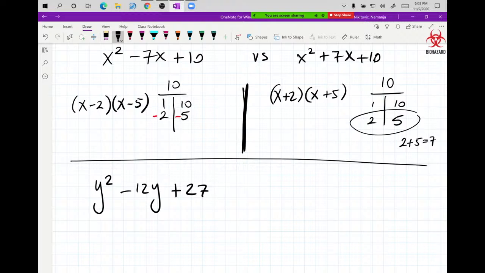I think I have the answer. Okay. So what do you think are the values? 3 and 9. 3 and 9?